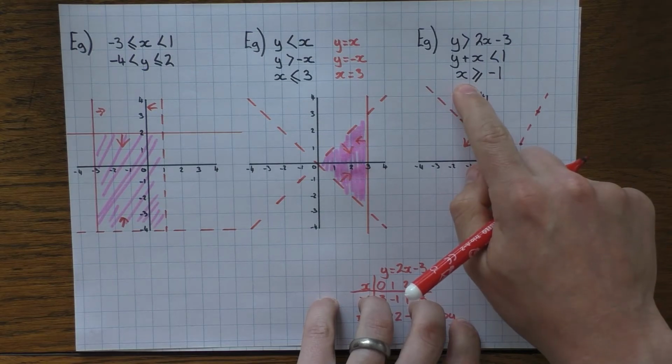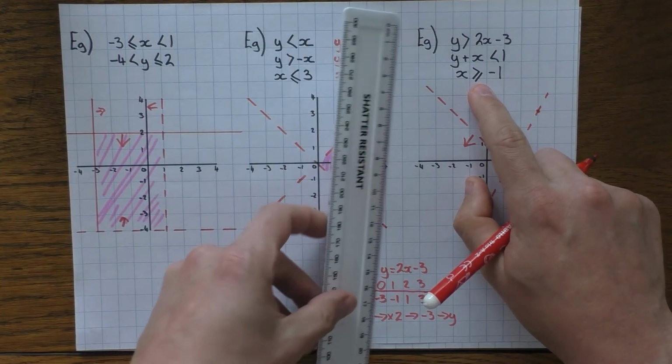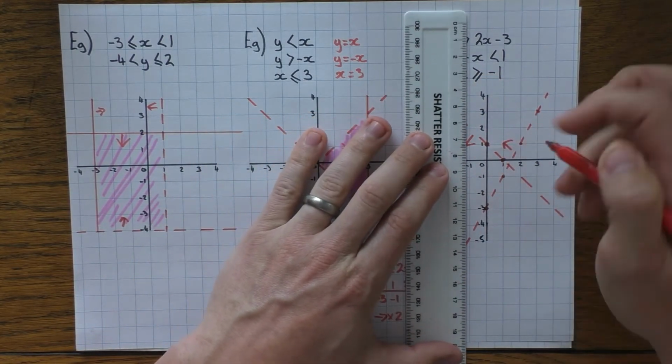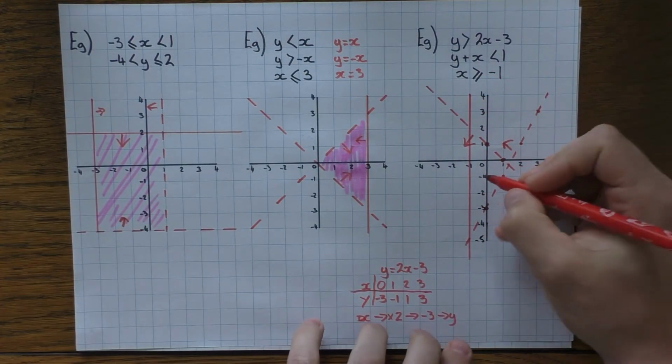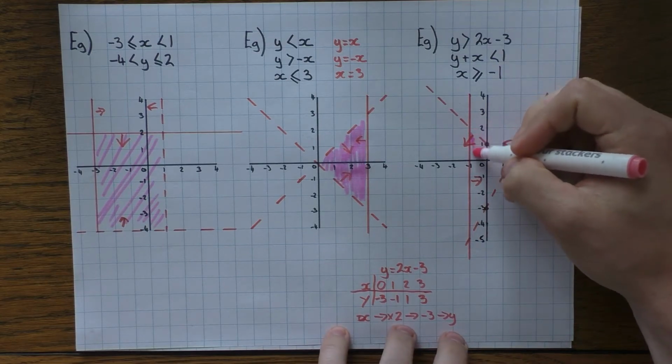And last but not least, x is greater than minus 1, so just like we've been doing over here, a nice solid vertical line going through minus 1. It is going to be solid because it's equal to, so I can put that in like that. Okay, and x is greater, so we're looking that way, and then we can just shade in our region.